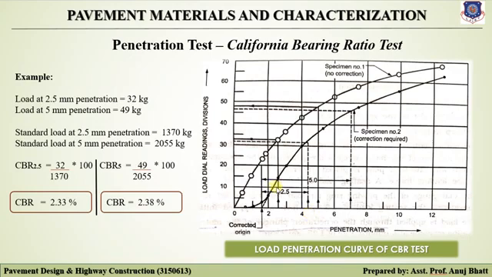Now for specimen 2, sometimes a curve with initial upward concavity is obtained, indicating the need for correction.